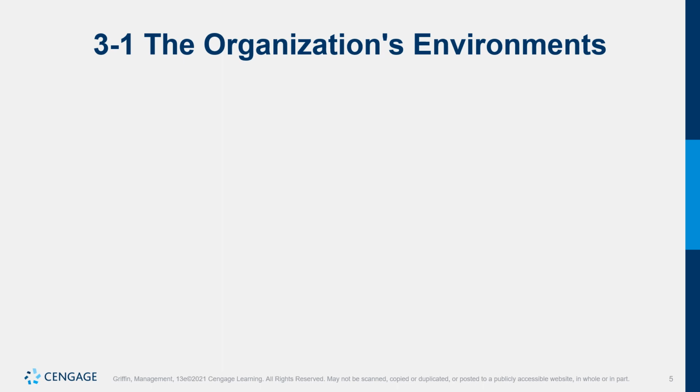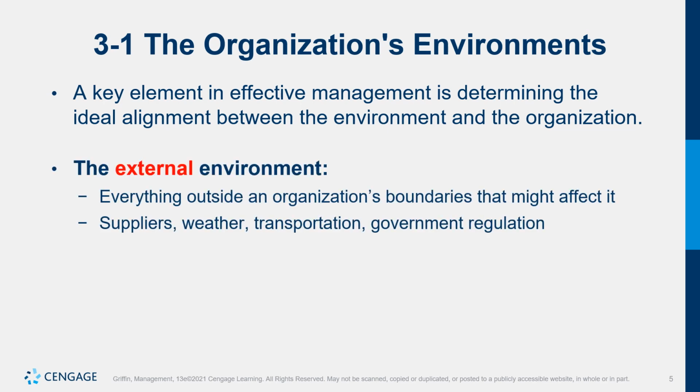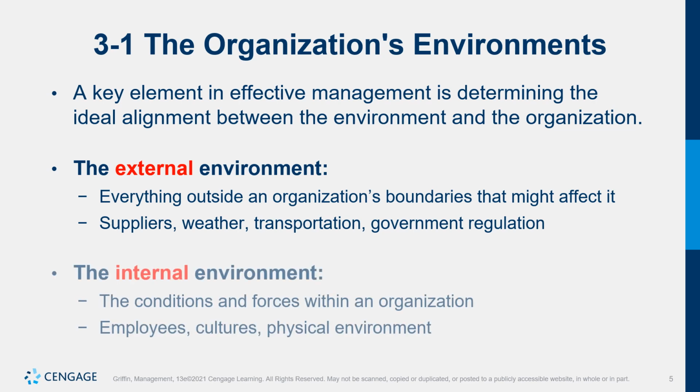The organization's environments. A key element in effective management is determining the ideal alignment between the environment and the organizations. The external environment pertains to everything outside an organization's boundaries that might affect it, like suppliers, the weather, transportation, or government regulation.